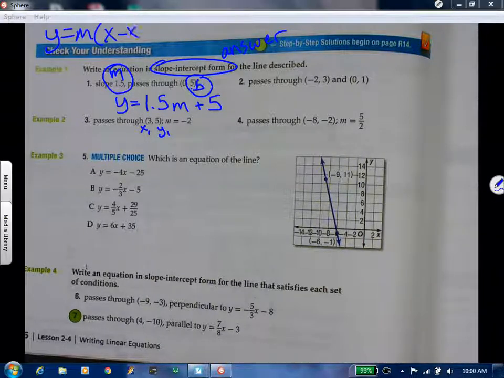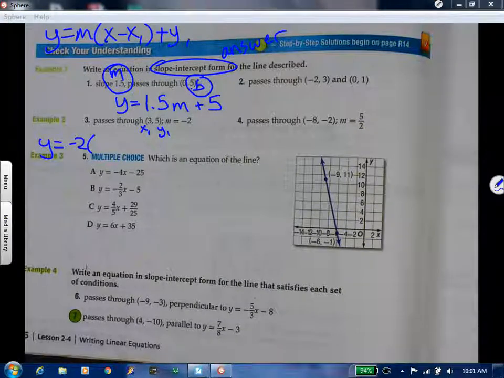So you would go y equals negative 2, parentheses. Do I put the 3 for the first x or the second x? Second x. That's why when we wrote down the numbers, the m, the second x, and that second y, those are going to be the numbers.